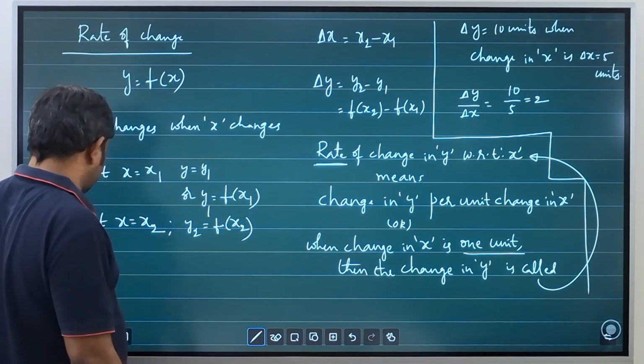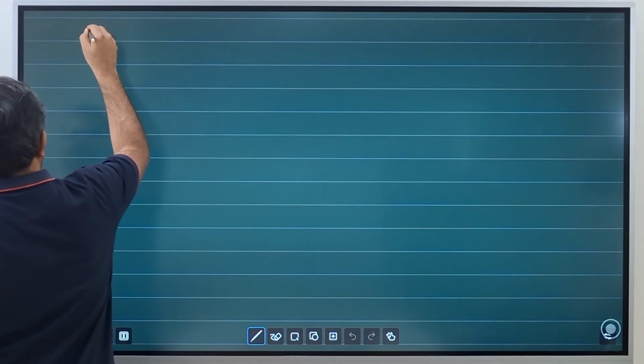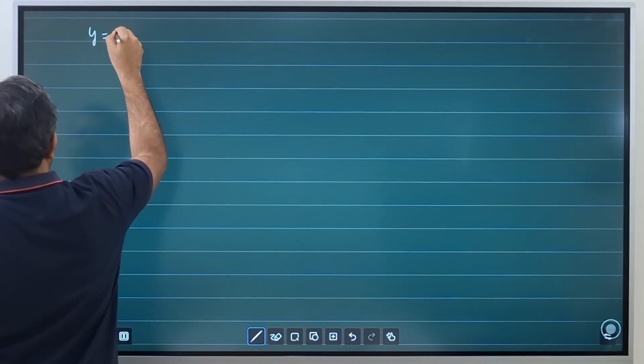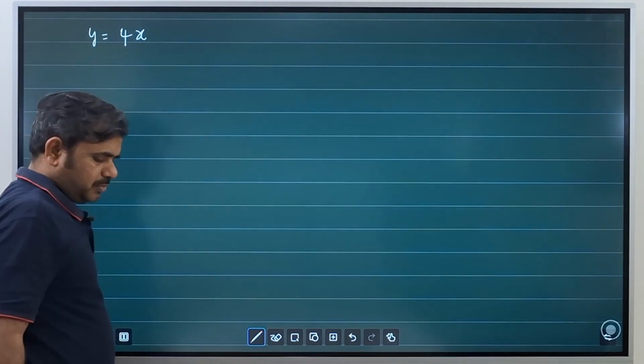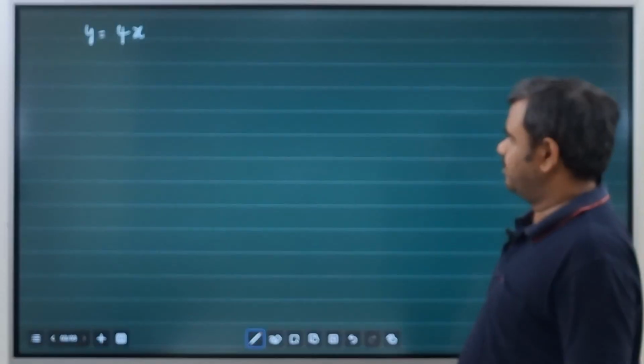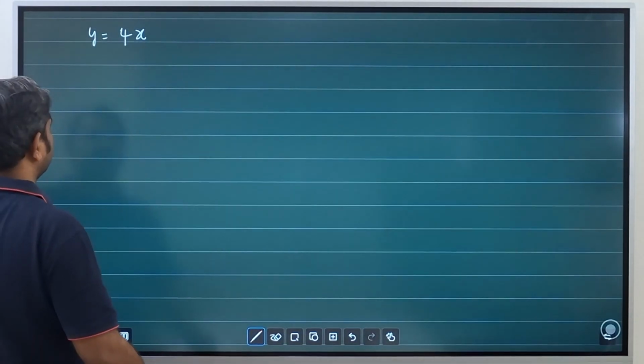Let's see a few examples here by taking some functions. Let's take a function y is equal to 4x. Very simple function. This is called a linear function, a first degree polynomial. Y is equal to 4x.